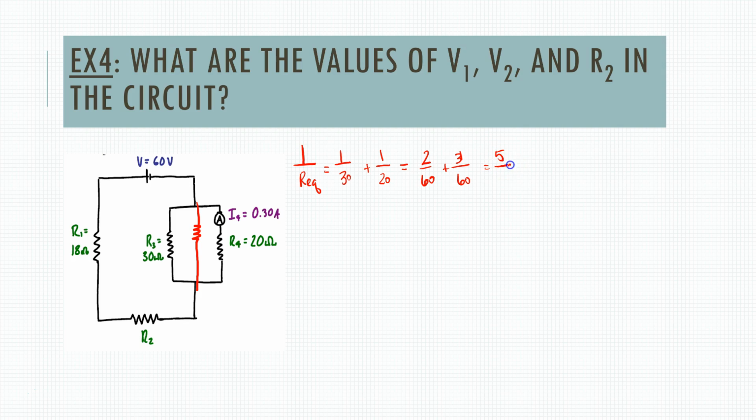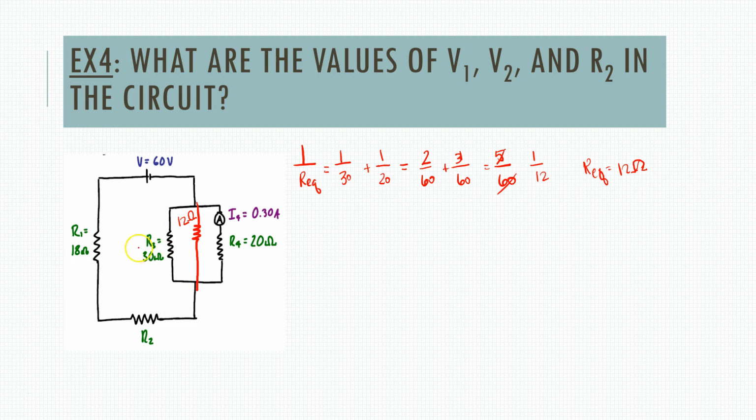That gives me 5 over 60, because remember when you add fractions, you add the tops if they have the same denominator. Well, then this can be reduced to 1 over 12. That means my REQ is 12 ohms. That's a really bad ohm right there, but that's okay. So, we now know that this is an equivalent resistance of 12 ohms.